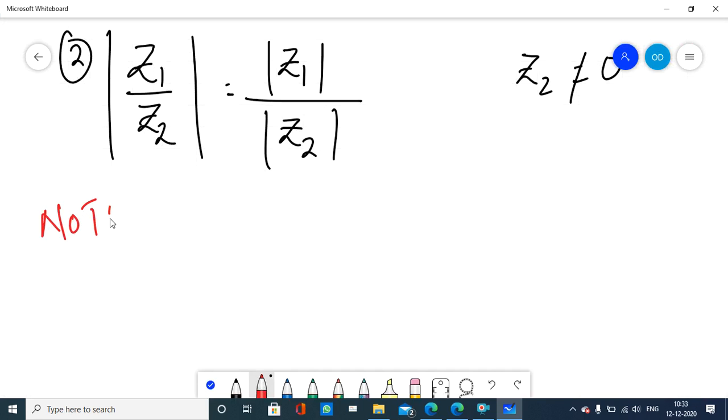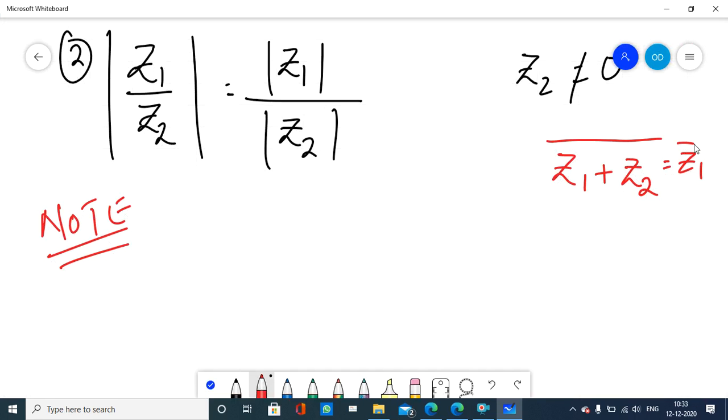Now here, let me just write this down, note. Do you remember in the case of the conjugate of a complex number, we learned this property, that the conjugate of Z1 plus Z2 is equal to Z1 conjugate plus Z2 conjugate, remember? And also we discussed that the conjugate of Z1 minus Z2 is the same as Z1 conjugate minus Z2 conjugate.